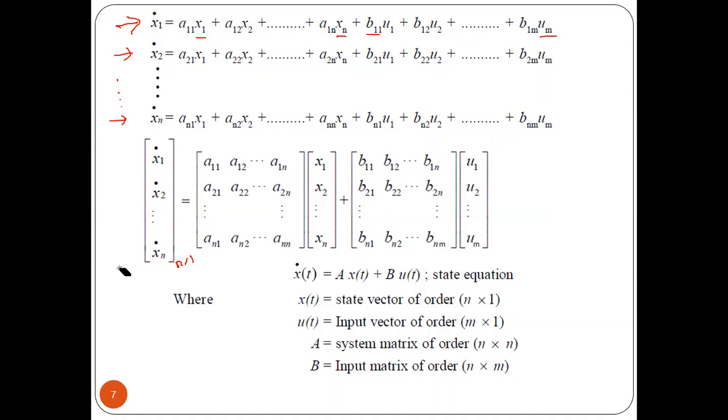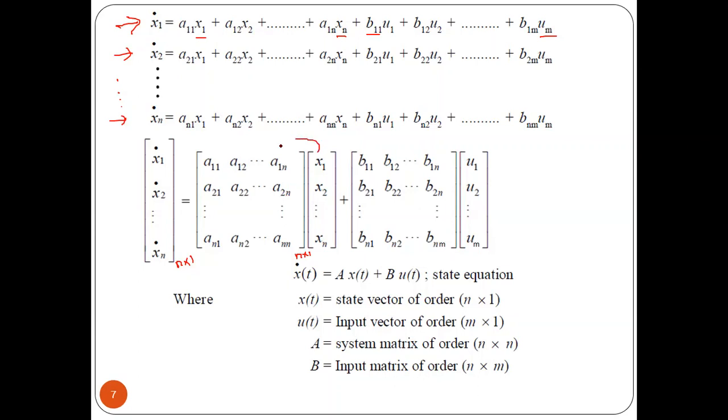And this is an n by n matrix, because here we have a11, a12, and so on, a1n. The number of columns is n and the number of rows is n: a11, a21, and so on, an1. So we got an n by n matrix, and here the state variables are x1, x2, and so on, xn.